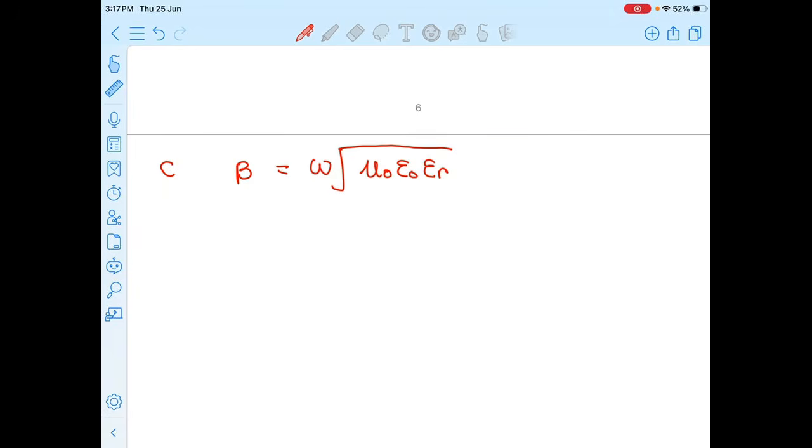Try to find this formula in the notes. So omega is 10 power 8, and beta is 1.82.